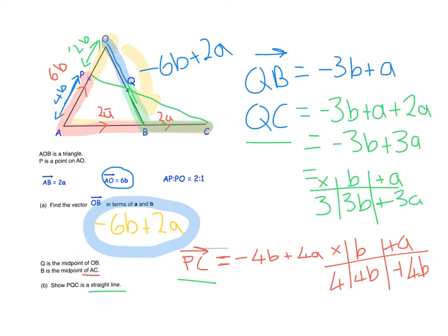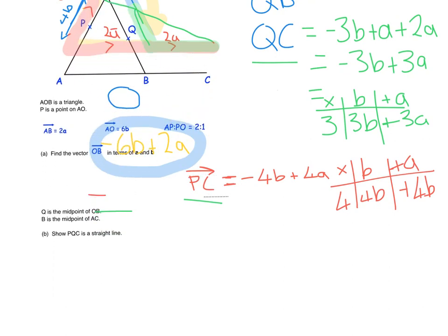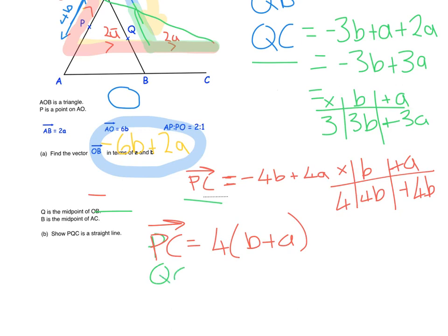So let's just scroll everything up so we've got a bit more room. So I've got PC is 4 lots of minus b plus a, and QC is 3 lots of minus b plus a.